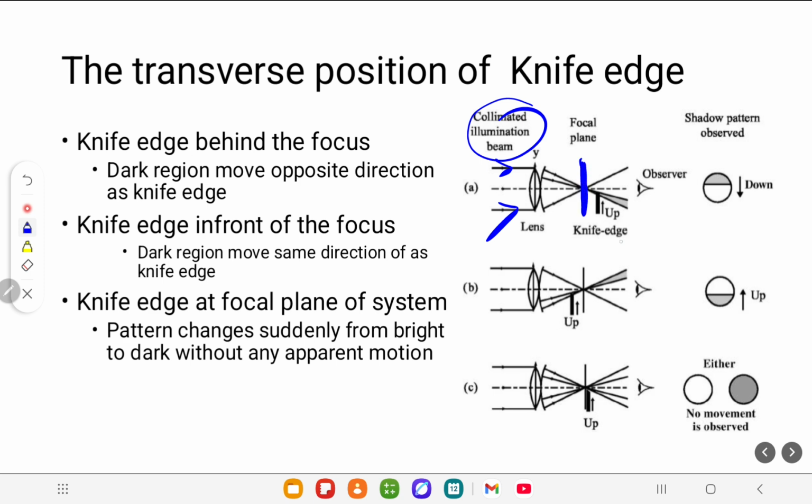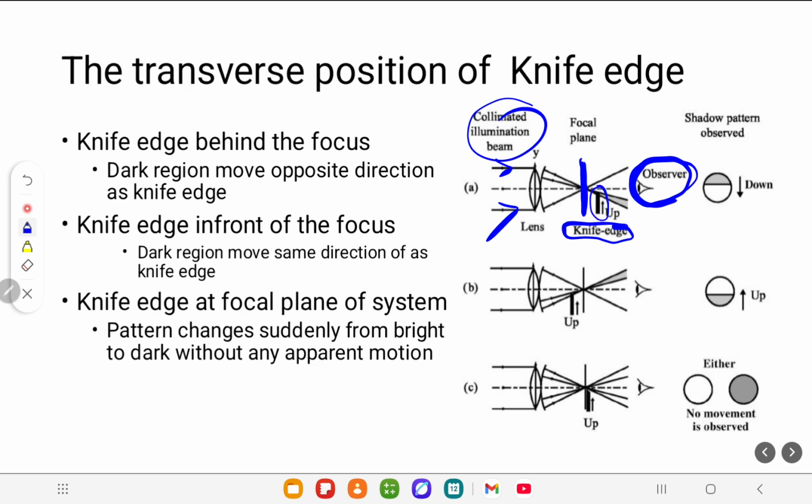What happens if the knife is placed behind the focus, which means towards the observer? This is the observer, towards us, towards the optometrist. This is the place where the knife edge is placed.